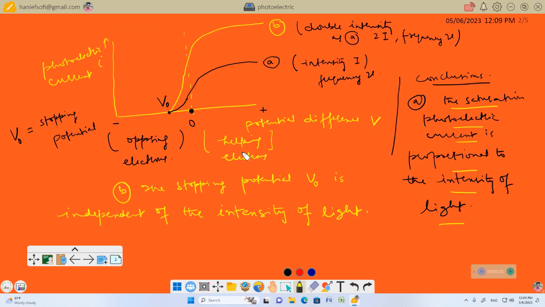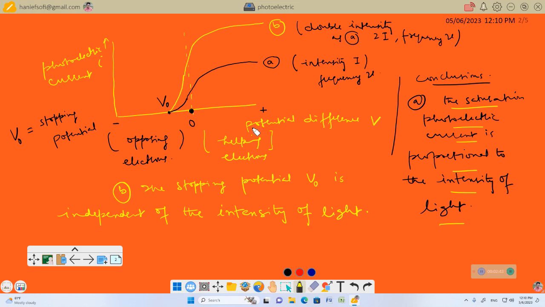When we plot photoelectric current versus potential difference, we have a positive zone of the voltage and a negative zone of the voltage. I have discussed it already. In the negative zone, the voltage is opposing the motion of electrons. In the positive zone, the voltage is helping the motion of electrons.